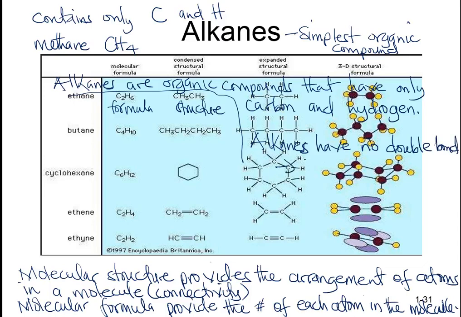Because of that, they are called, you need to write down that, they are called saturated. Alkanes have no double bonds, they are called saturated. So like these are not alkanes, so we'll take them off here. These are not alkanes, especially you see the double bond here. This is an alkane, this is an alkane, this is also an alkane. No double bond.